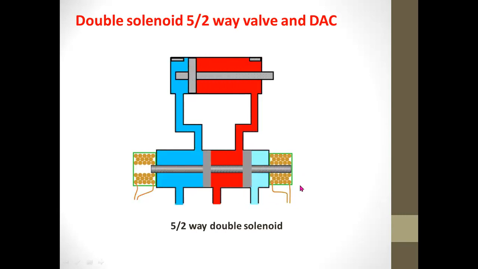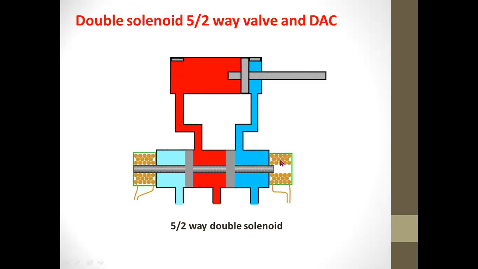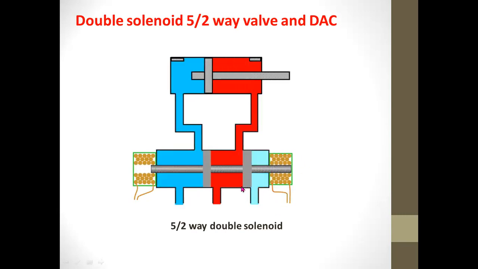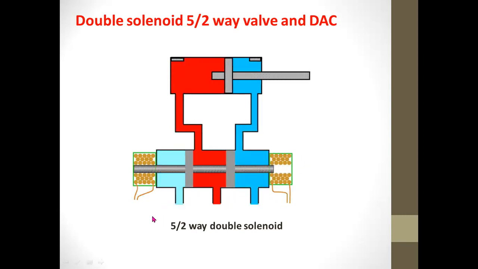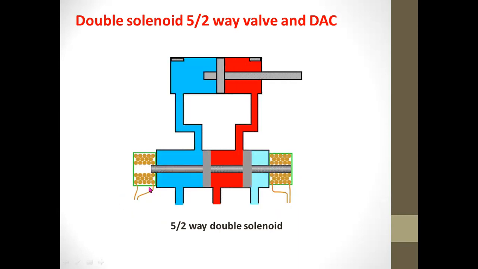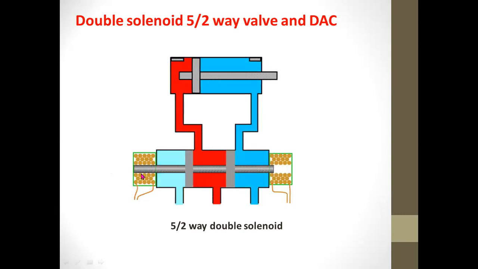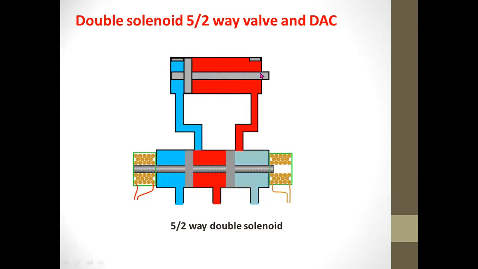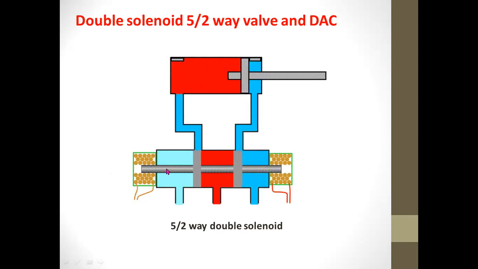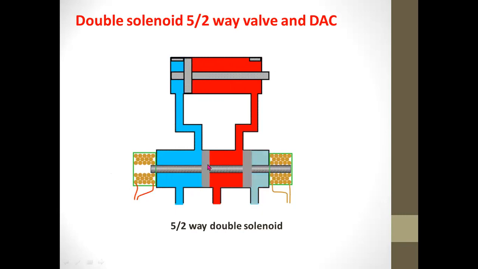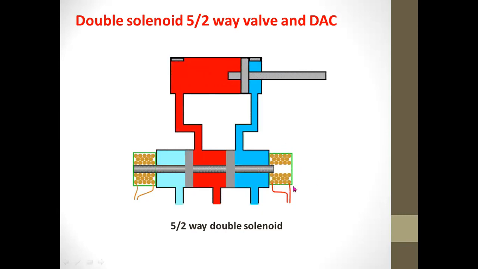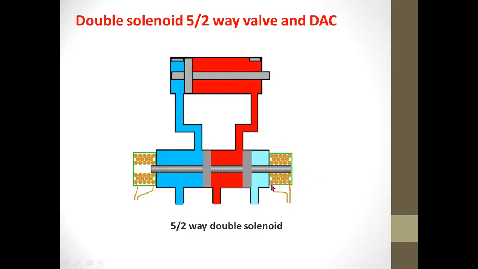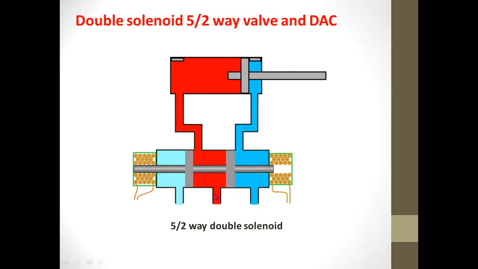So, to attract it by means of the other coil. Which means that when you energize this coil, the plunger moves, or is attracted to this side, allowing the cylinder to extend. There is no way for the plunger to return to the original position.